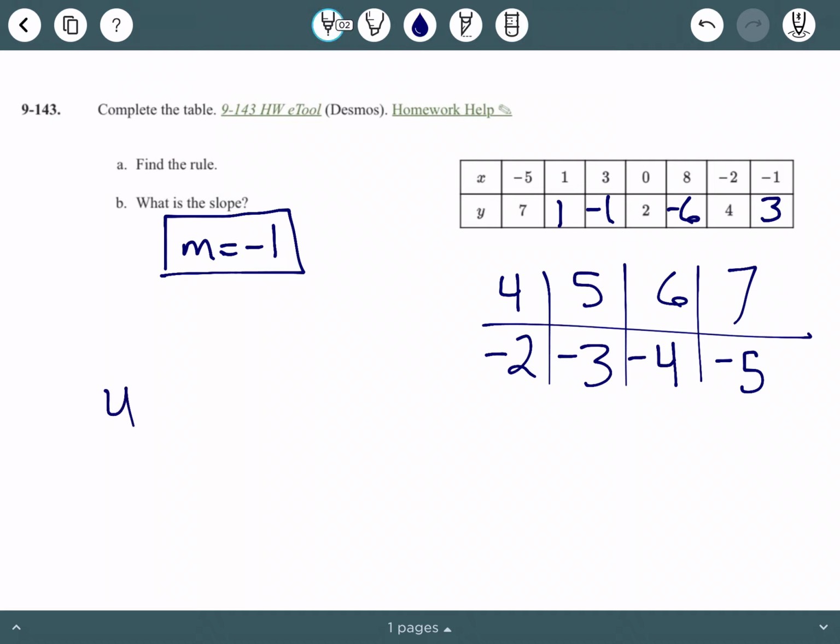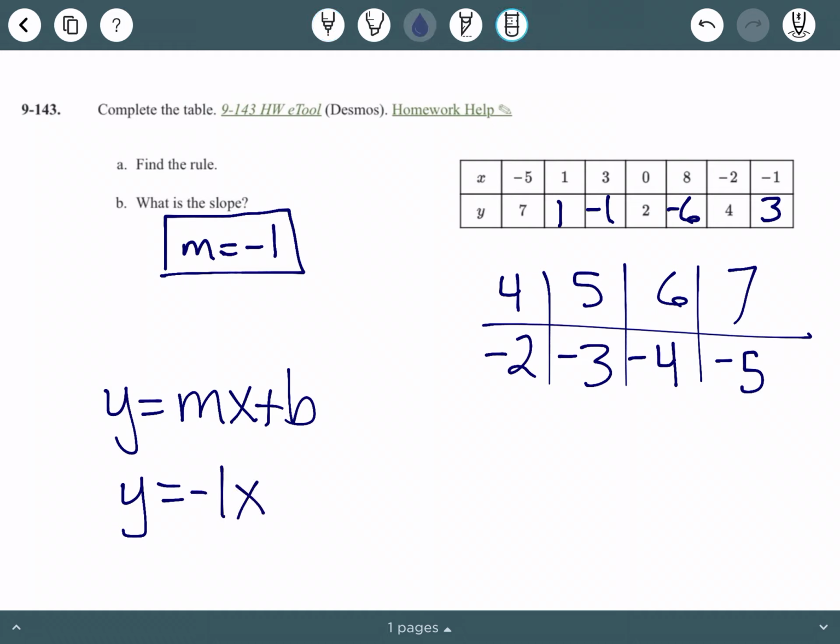And remember, a rule is always written in y equals mx plus b form, which is slope-intercept form. So we already know our m is -1. So y equals, you could put -1x. I will tell you, the more mathematical way of writing it is just -x. That's how you'll see it in future math classes.